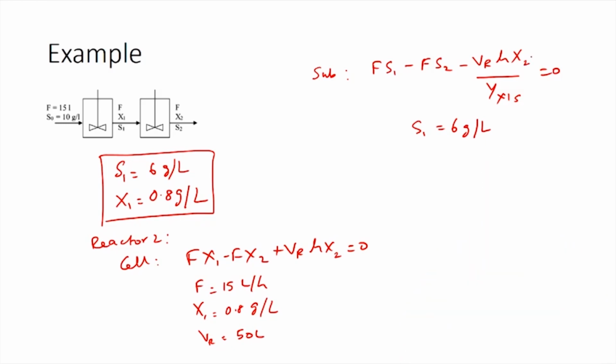So, we again have two unknown variables. Yxs is again known to be 0.2 grams per gram. So, with all the other variables known, we are left with mu and x2.